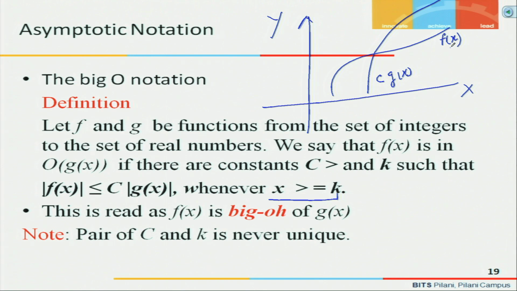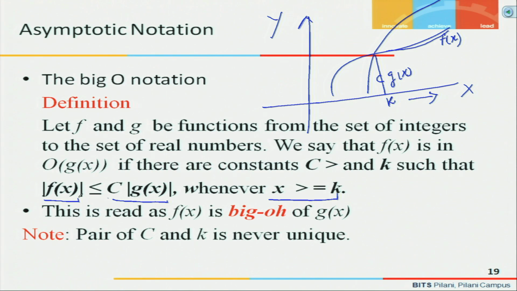Now, if I look at this particular point which is k, what do I observe? For x bigger than k, that is all the elements to the right of k, your c g(x), which is here, is going to be above f(x). That is, c g(x) dominates f(x).